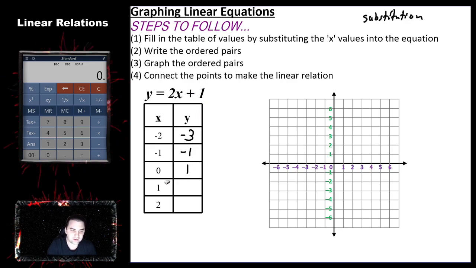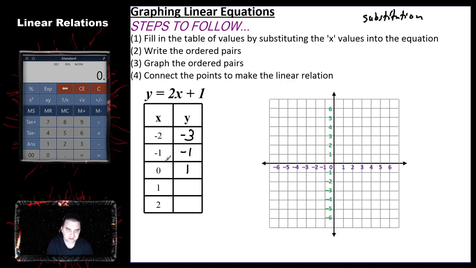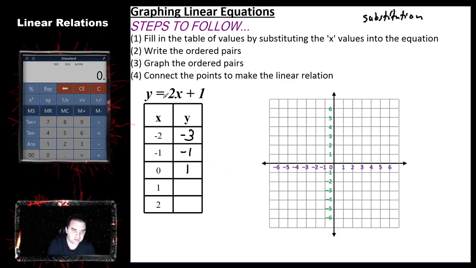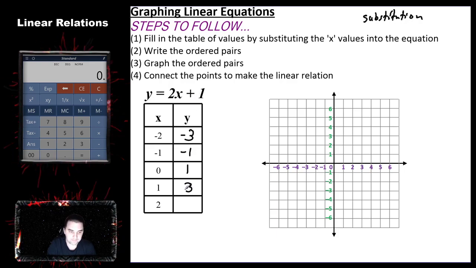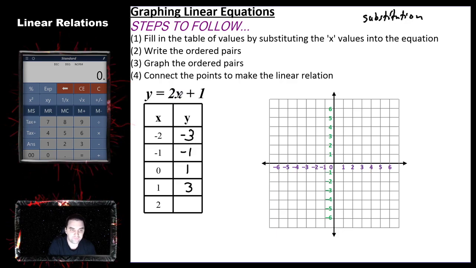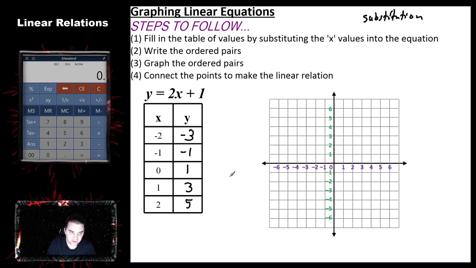And that's why it's really nice to have 0 as a test point, because that happens a lot. It makes things so easy. If x is equal to 1, then this is 2 times 1 is 2. 2 plus 1 is 3. And if x is 2, then 2 times 2 is 4. 4 plus 1 is 5. I have 5 possible test points. I've already filled in the table of values.